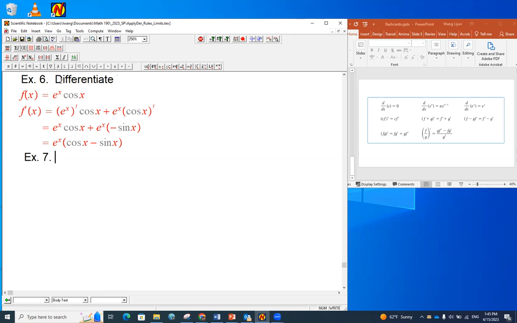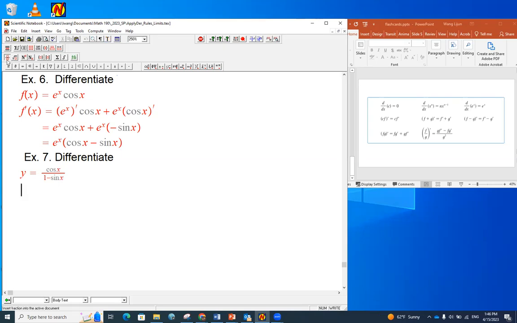Of course, this one is differentiating once again. The function in consideration is like this: y equals cosine x divided by 1 minus sine x.